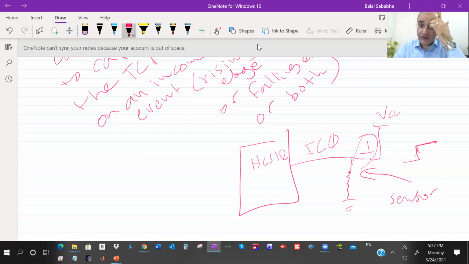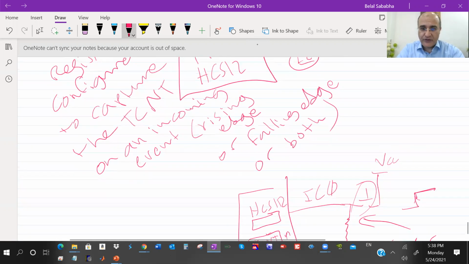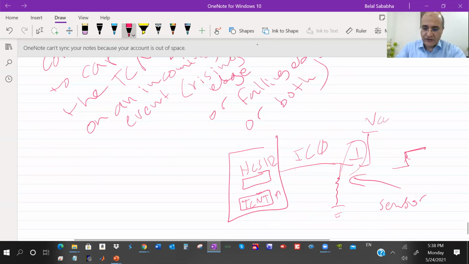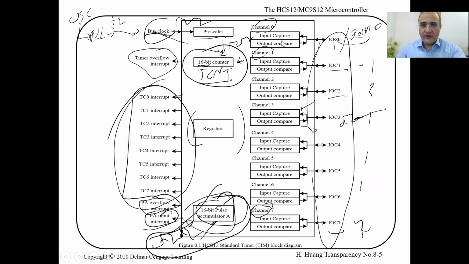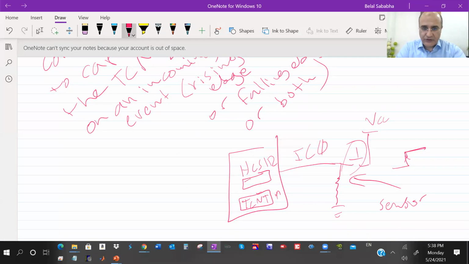Whenever this rising edge comes, the hardware inside, you have a Tcnt counting up all the time at a speed that you know. And you have another register called the input capture register, the IOC, this one, the input capture register. Let's call it IC, input capture 0.